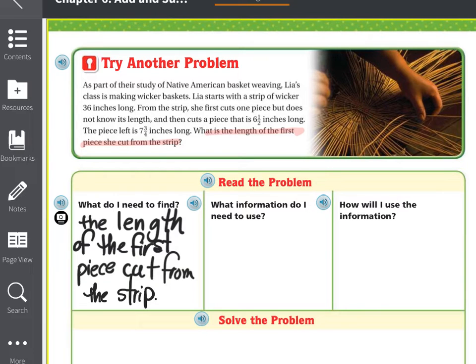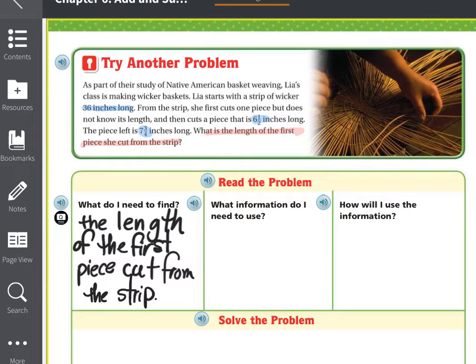Okay, so what information do I need to use? So I'm going to highlight here. We need to know what she starts with. She starts with 36 inches. We need to know what she cuts off and what's left. So we're going to write that in now.